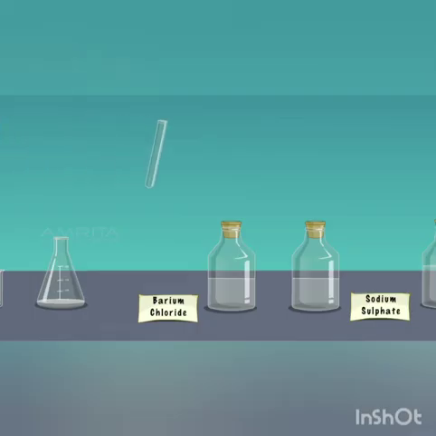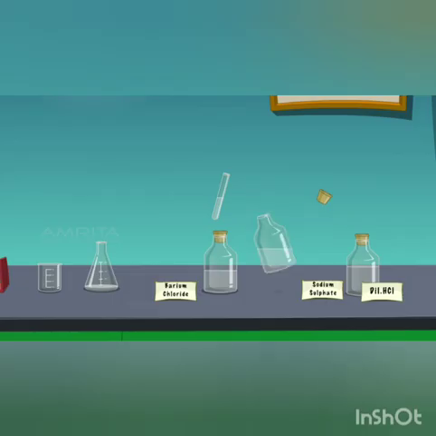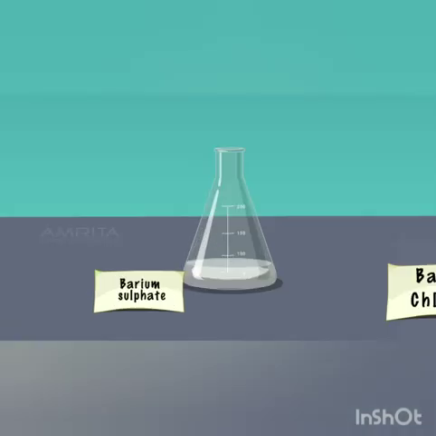In another test tube, take a small quantity of sodium sulfate and transfer it into the conical flask containing barium chloride solution. A white precipitate of barium sulfate is formed immediately. This confirms the presence of sulfate SO4 2- ions.